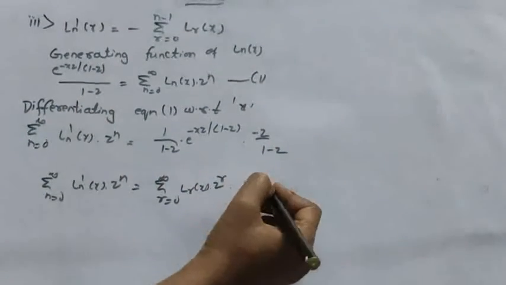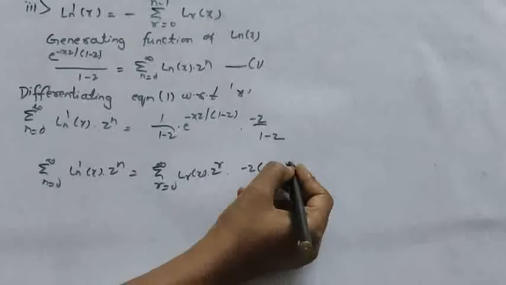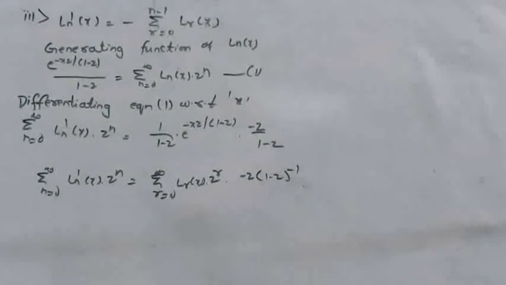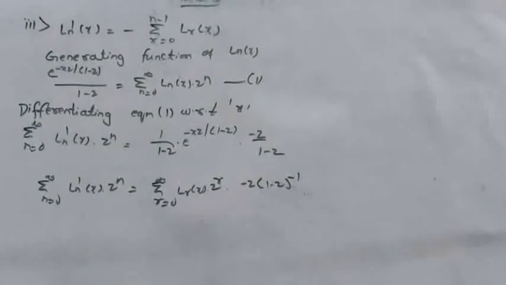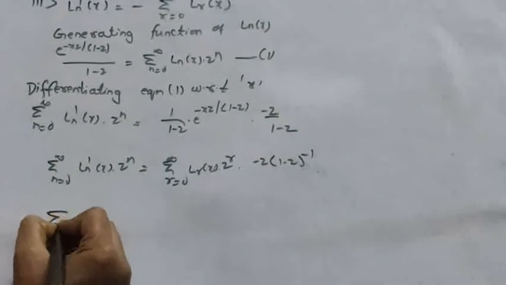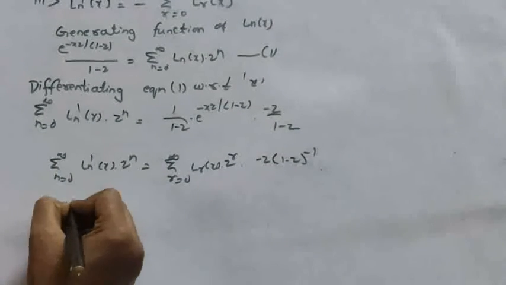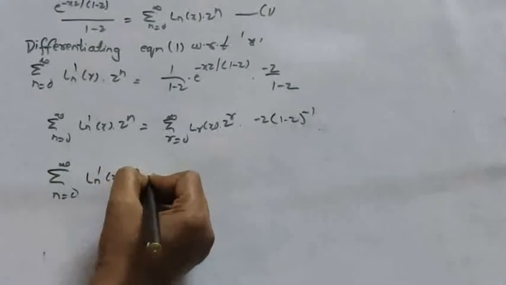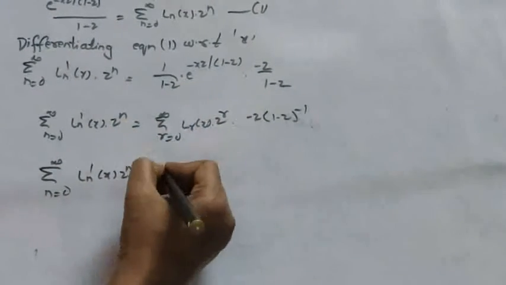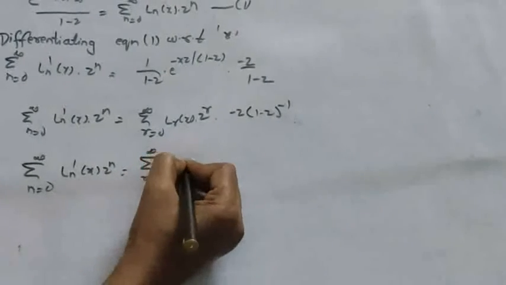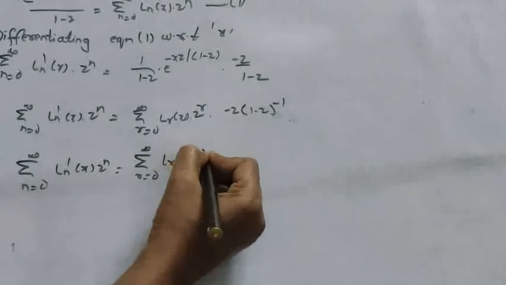So what you will get here? 1 minus z whole power minus 1 you will get. Now summation n is equal to 0 to infinity ln dash of x into z power n is equal to, you keep this term like that only, that is summation r is equal to 0 to infinity Lr of x into z power r.